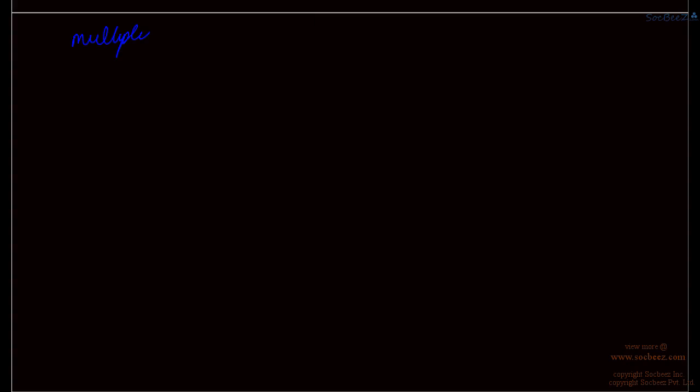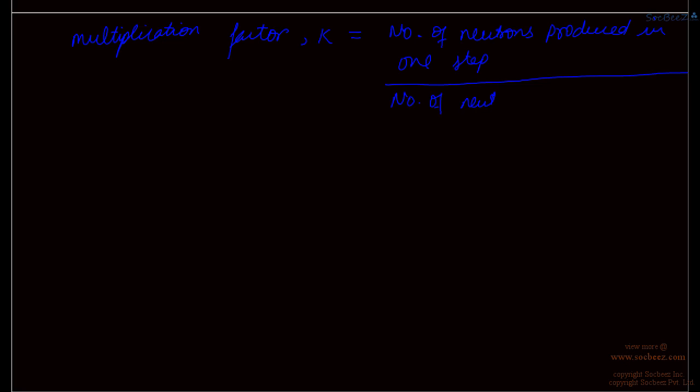The multiplication factor, or K, by formula, is the number of neutrons produced in one step divided by the number of neutrons produced in the preceding step.